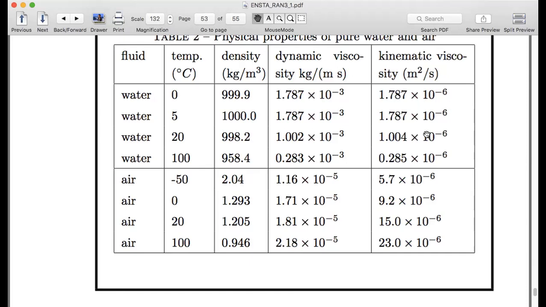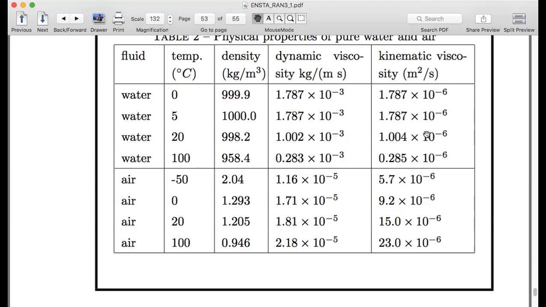But with air, it's totally different, right? Because it's a gas, the molecules are mostly not interacting at all. They're only interacting for very short periods of time when they're very close to each other and they happen to collide.